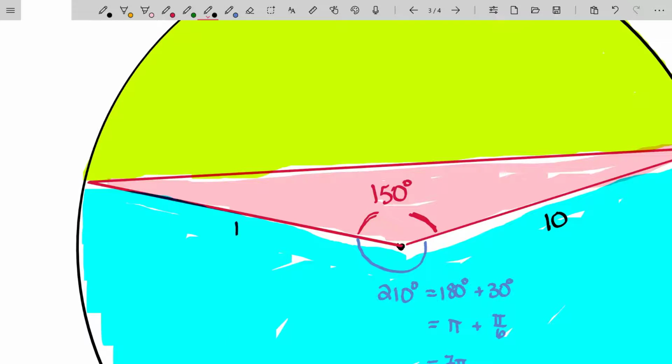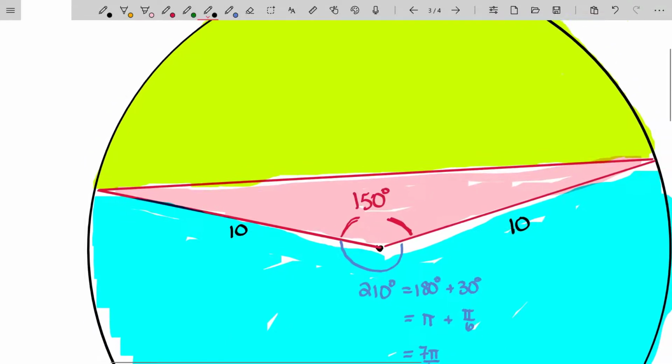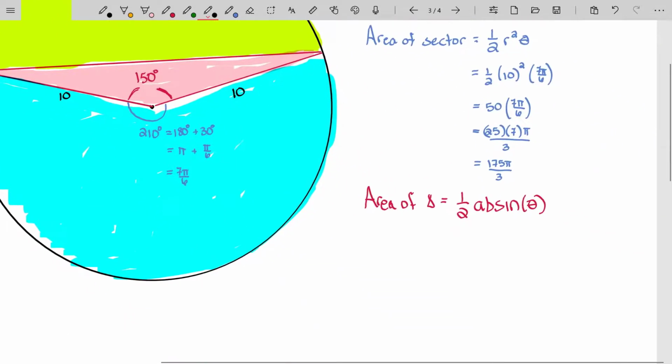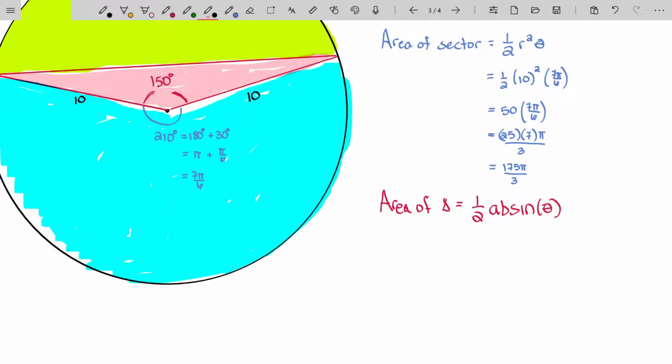The two sides are the radii. So the left-hand side is 10, the right-hand side is 10. The angle between them is 150 degrees. So this is going to be 1/2 times 10 times 10, times the sine of the angle between those two sides, which is the sine of 150 degrees.